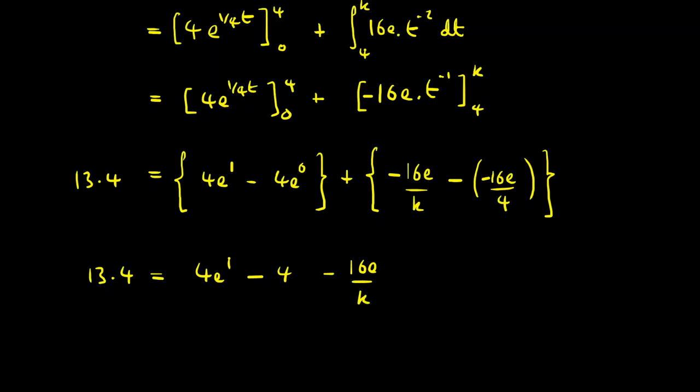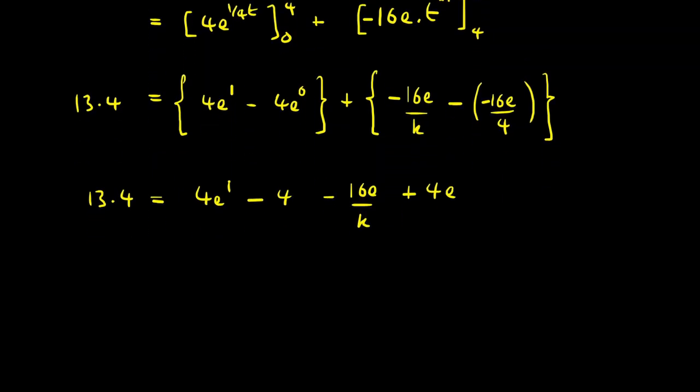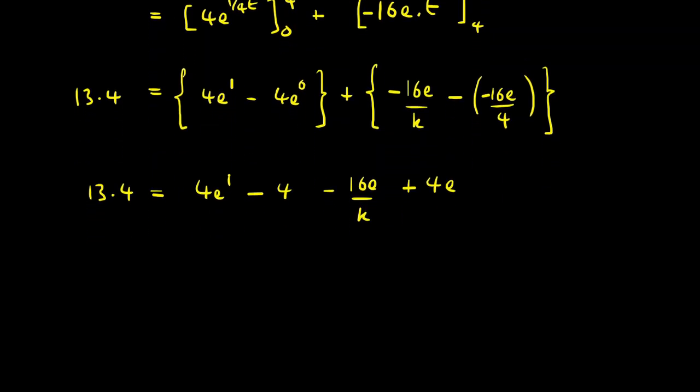And then we've got minus minus, so we've got a positive, and 16 divided by 4 is 4, so we get plus 4e. So here, if I organize things a bit better, 13.4 is equal to 4e plus 4e is 8e, minus 4 minus 16e upon k.